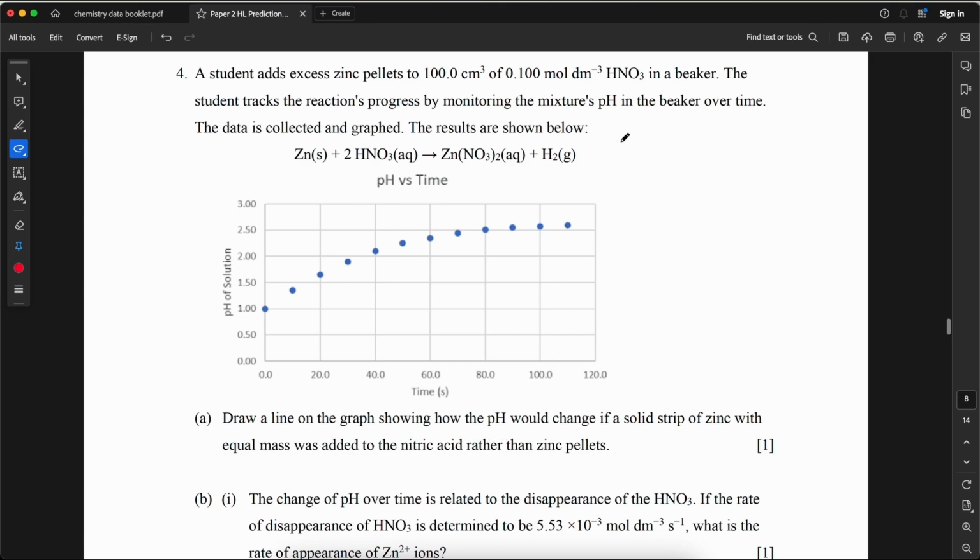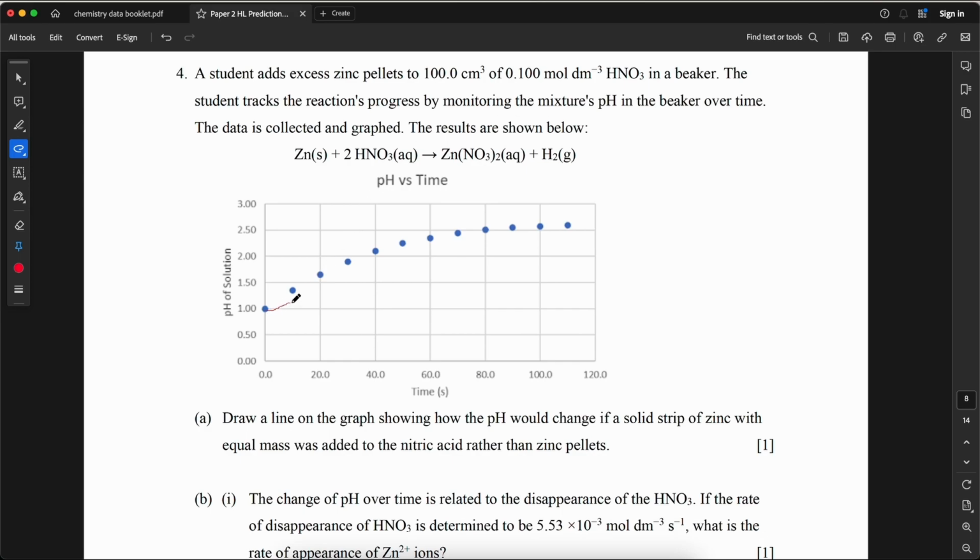So now we have zinc pellets and then zinc strips with the equal mass, but the only difference is the pellet has a large surface area, so it has a faster rate compared to the solid strip that has small surface area, so the rate will be slower.